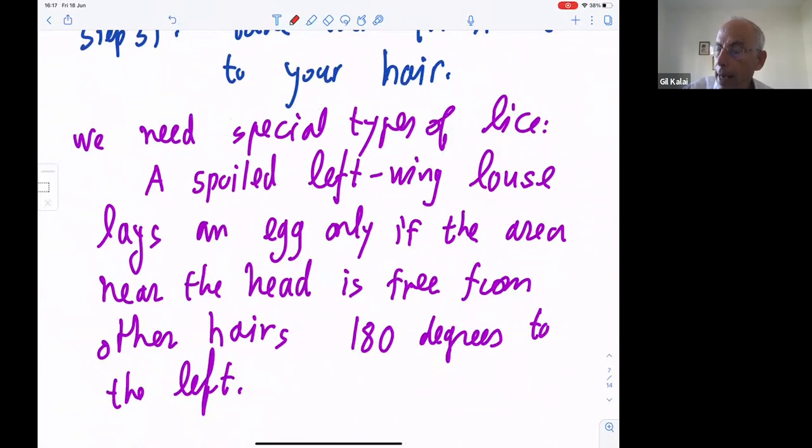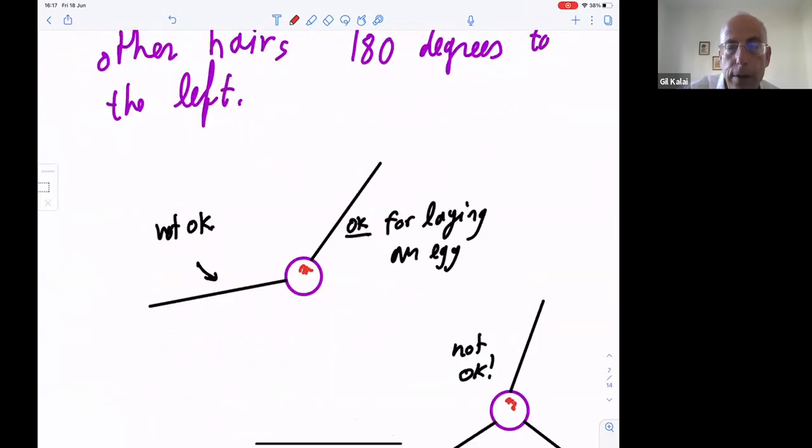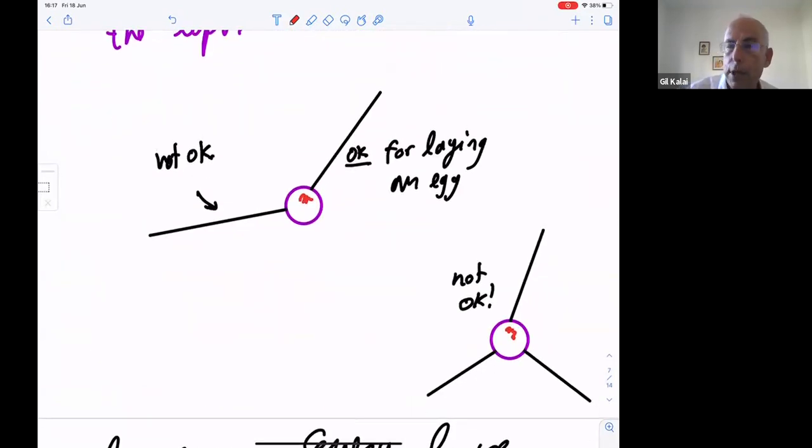It's a louse that lays an egg only if the area near the head is free from other hairs 180 degrees to the left. So here is a picture. Here you see a little head and a louse on this head. And in this head, there are two hairs or two edges coming from it.